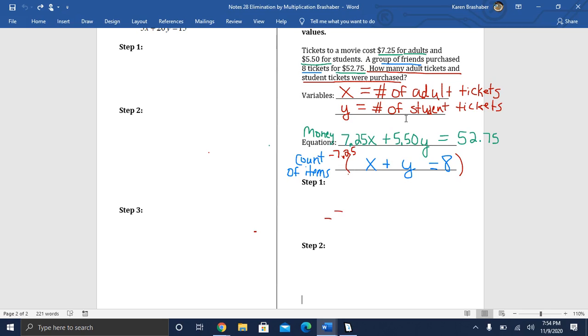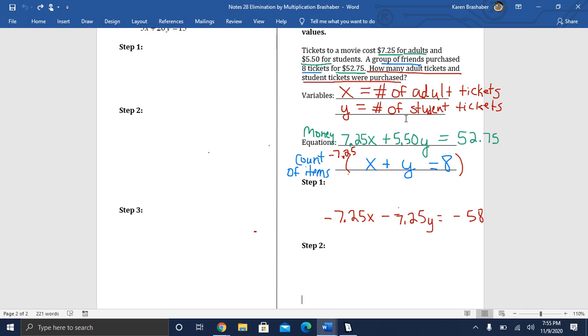So that will be negative 7.25x and negative 7.25y. Then I'll take 8 and multiply that by negative 7.25. You can use a calculator if you need to do that, and you will get negative 58.